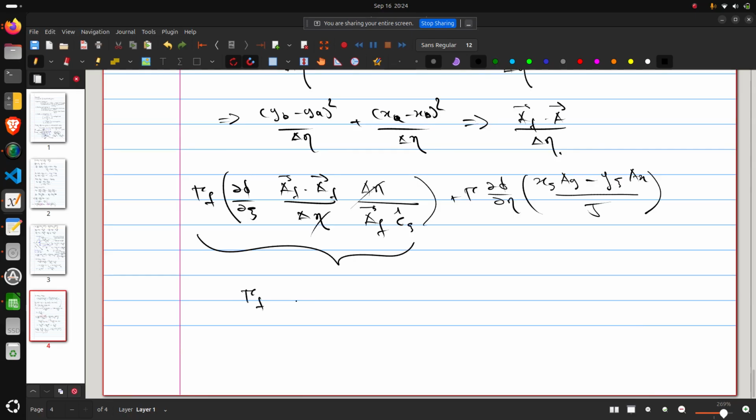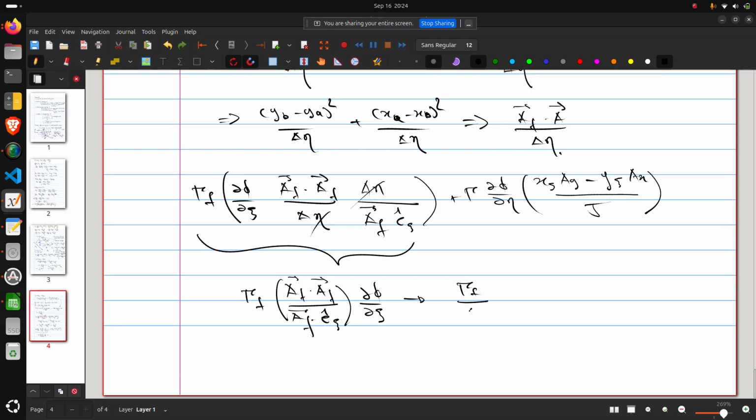It becomes gamma f and Af dot Af by Af times e cap psi times dou phi by dou psi, and we can finally write it like this by delta eta.